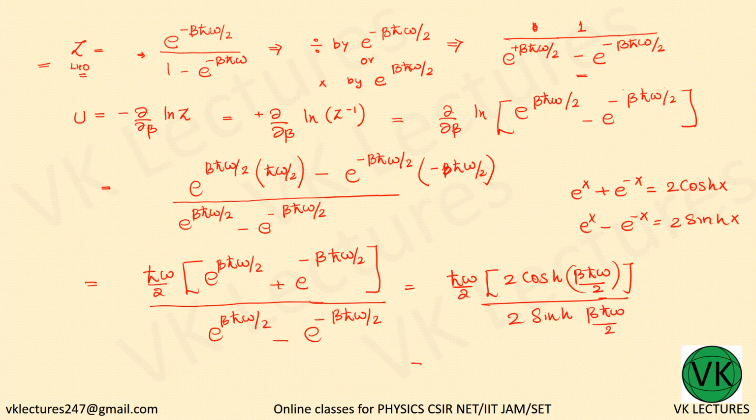This gives us h cross omega by 2, 2 to get cancelled, and what is remaining is cos hyperbolic x by sine hyperbolic x, which is nothing but cot hyperbolic beta h cross omega by 2.